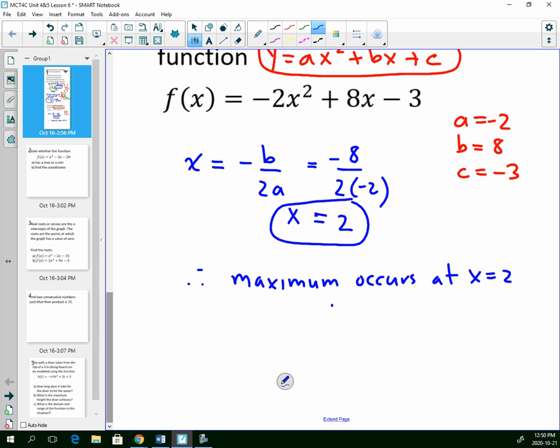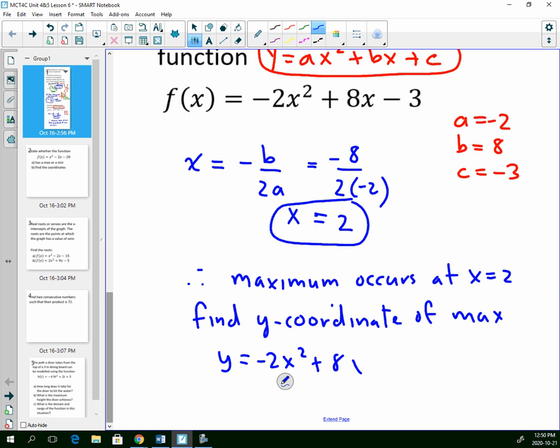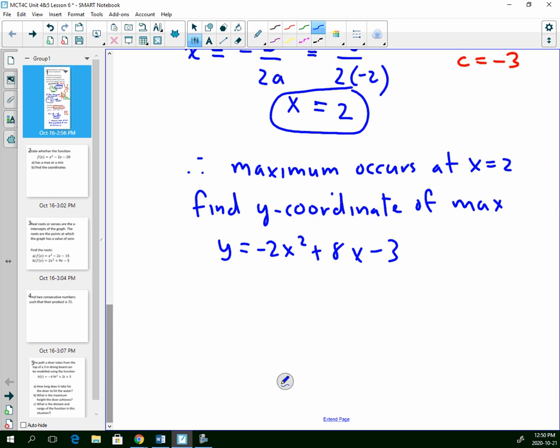And then if I want to find y, I just sub that back in. So I write out the original equation, and then we substitute in the value we found for x to be the middle. So we'll put the 2 into the equation.